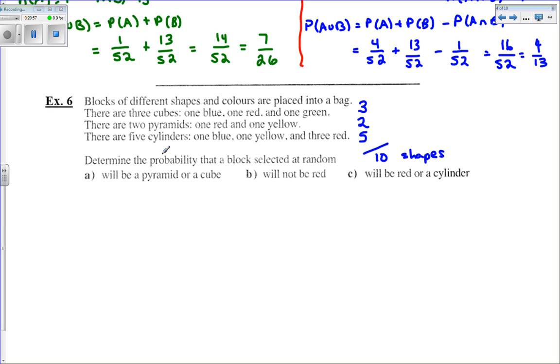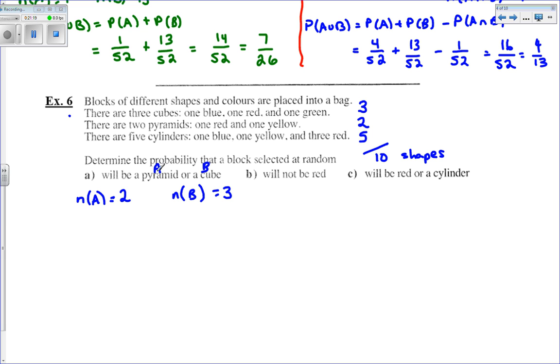So a pyramid or a cube. Let's call pyramid A and cube B. So the number of outcomes in event A, which is a pyramid, are 2. The number of outcomes in event B, which is getting a cube, is 3.